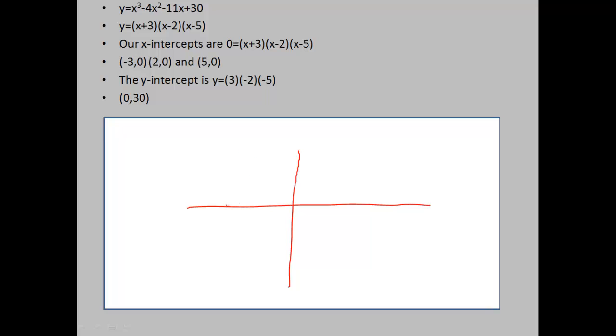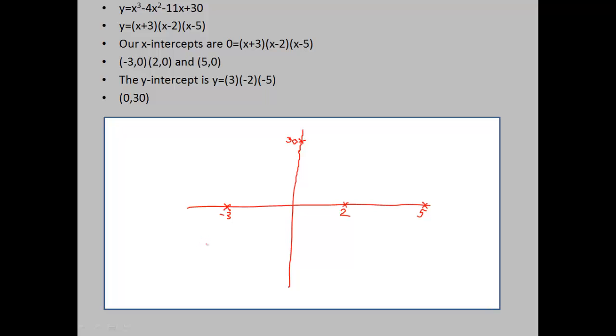We have -3, 0, which is this point here, at -3. We have 2, 0, which would be about here. And we have 5, 0, which we can put over here. We also have this y-intercept at 30.